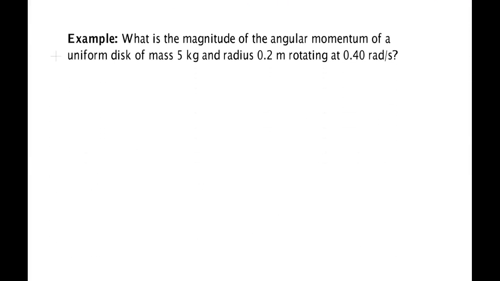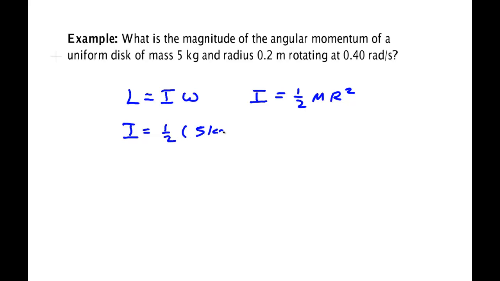Example of a problem in this sort of area. What is the magnitude of the angular momentum of a uniform disk, 5 kilograms, radius 0.2 meters, rotating at 0.4 rad per second? L is I omega. I, for a disk, is 1/2 mr squared. So I is 1/2 times 5 kilograms times 0.2 meters squared.